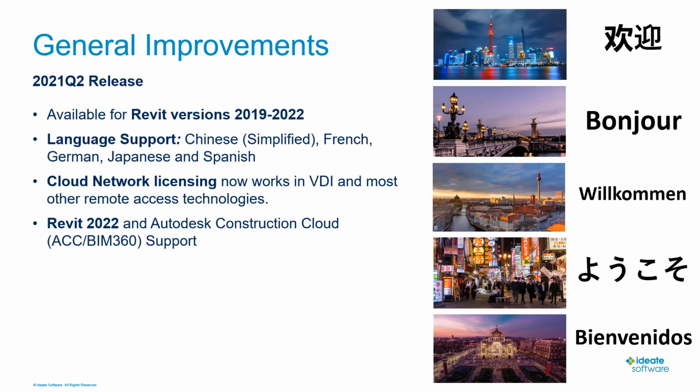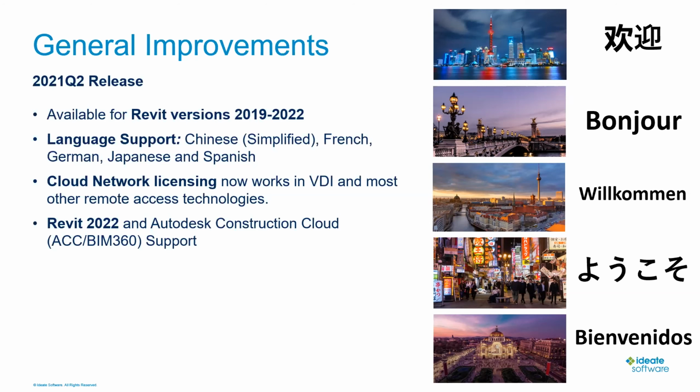So rather than running it through, let's say, a Google Translate or some other online translation program that gives you maybe some of the words that you're looking for, but doesn't really meet your language needs, we didn't do that. We actually professionally translated our products. And so if you are using any of these versions of Revit, our software will automatically translate over into your language. So just something to keep in mind there in case you are using Revit in other languages.